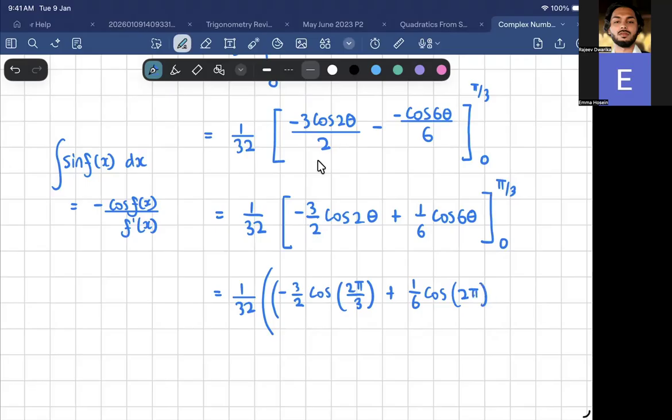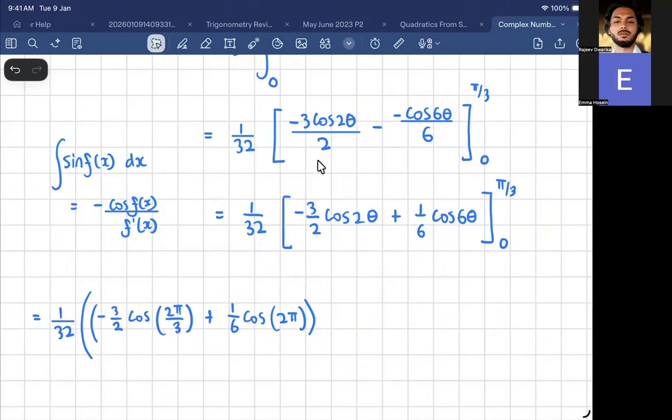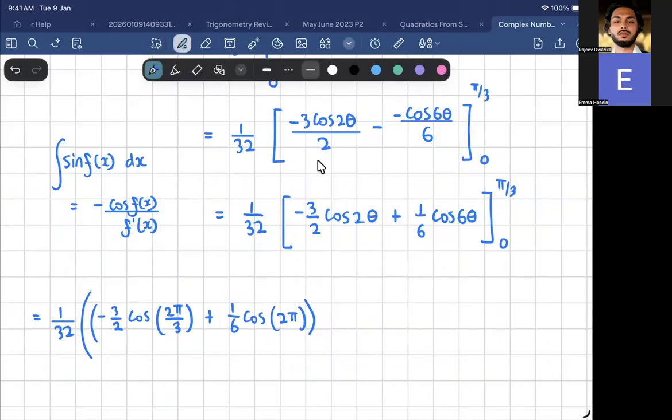And we know that cos 0 is what? Cos 0 is 1. Right. So we're just going to say minus 3 over 2, because this is going to be 1, and this is going to be 1. So it's really just minus 3 over 2 plus 1 over 6.